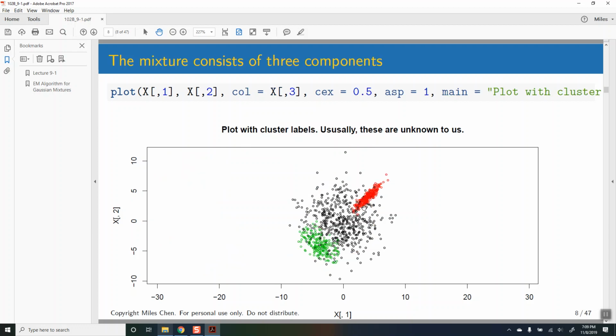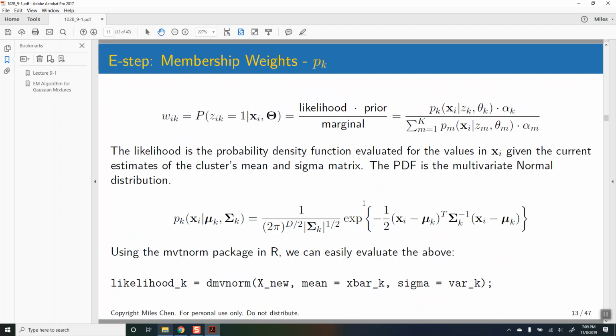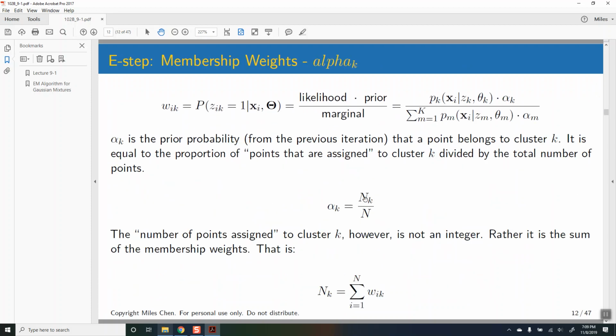Except right now, we don't actually know which points belong where. So what we're going to do is have probabilistic weights. So we have observation 1, observation 2, observation 3, and 4, and so on and so forth.